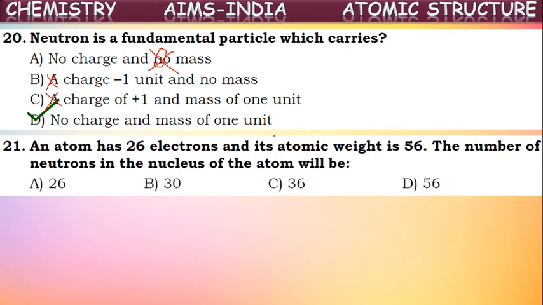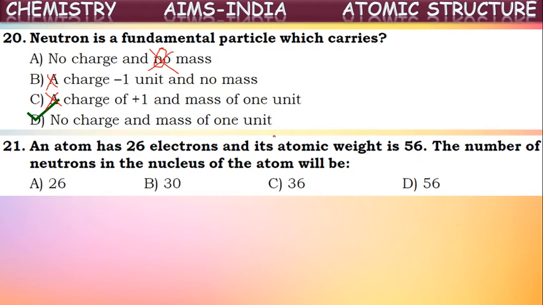An atom has 26 electrons and its atomic weight is 56. The number of neutrons in the nucleus of the atom will be. So what is given here? In the neutral state, an atom has 26 electrons. We know for a neutral atom, the number of electrons is equal to the number of protons.